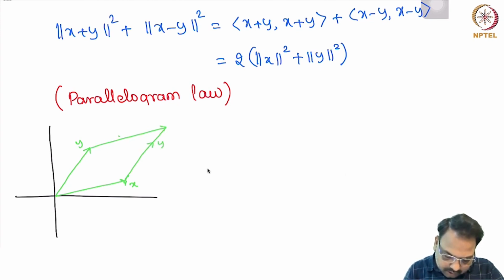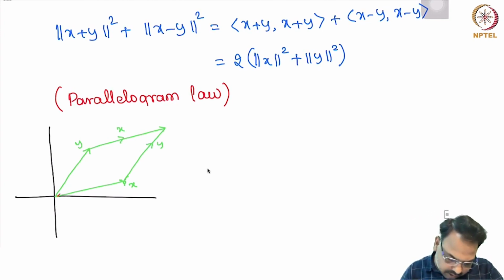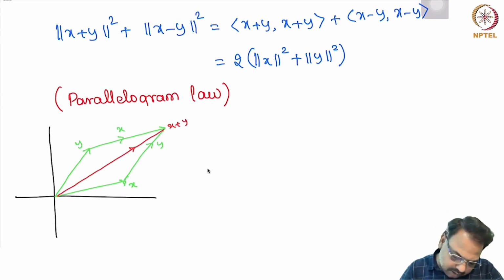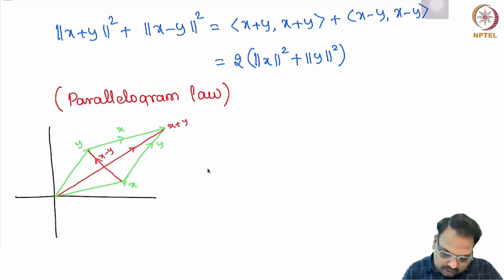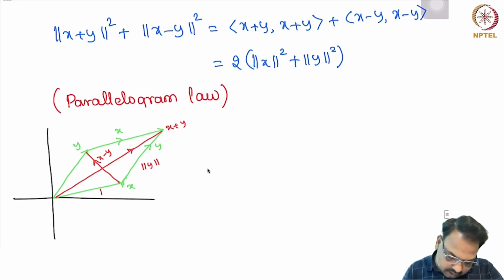This is Y, this is X. So this vector is X plus Y and this vector is X minus Y. So this length is norm Y, this length is norm X, this is also norm X, and this is norm Y.